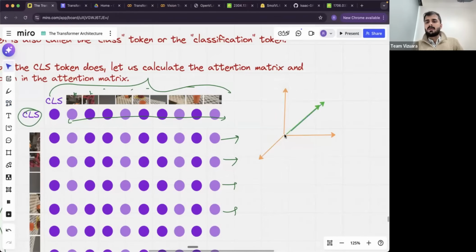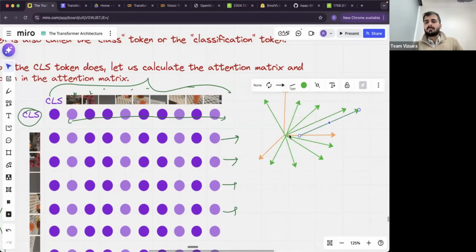This is one value vector, probably the first one. This is the second one. This is the third one. Now remember, all of these are learnable value vectors. We don't know their values beforehand, but as we train our model, we eventually learn them. So these are 10 of them.